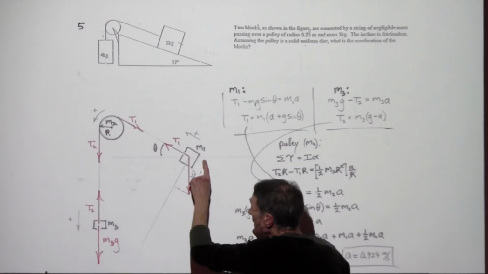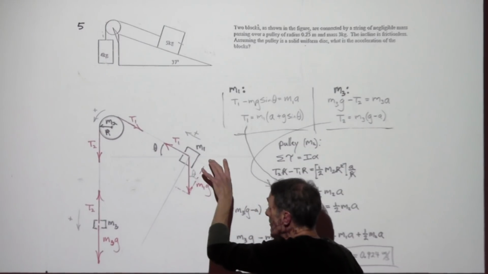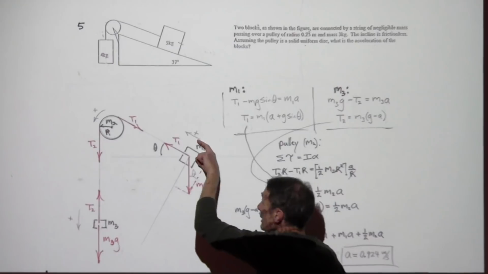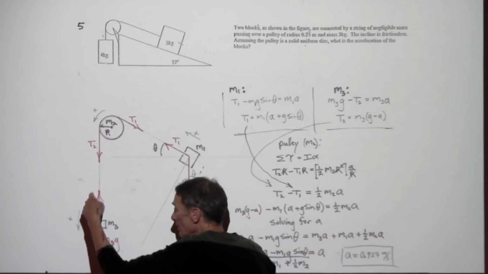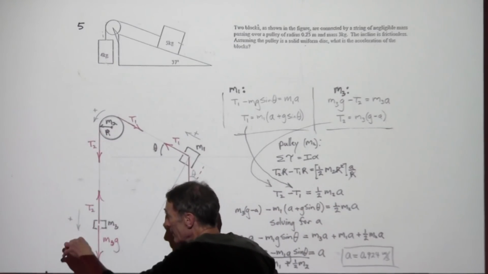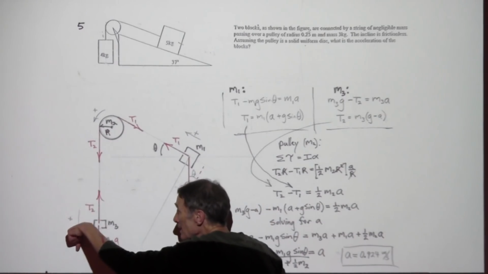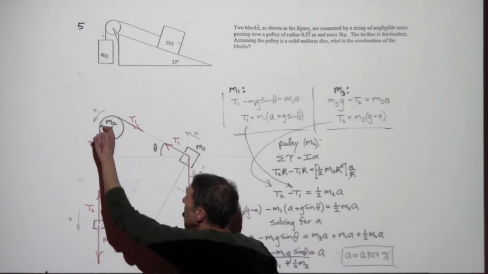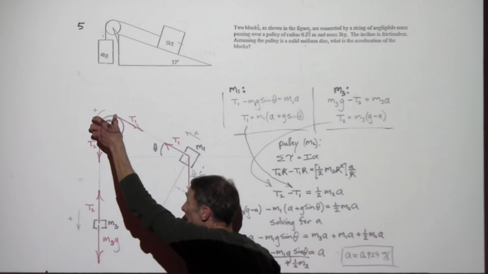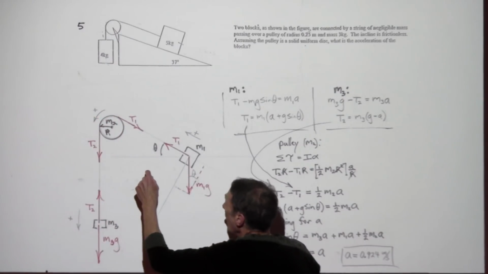Now, I'm having a sense of sign directions. I'm saying this whole system is going to move like this, or if it does, I'm going to call this the plus direction. That means this thing's going to go down. It's going to pull and want to rotate the pulley this way.